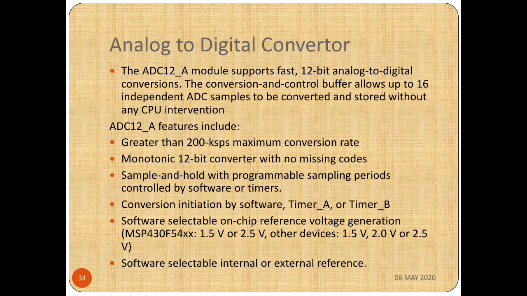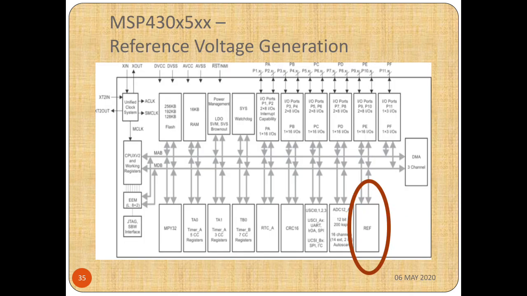The conversion and control buffer holds up to 16 independent ADC samples. The speed of conversion is greater than 200 kilo samples per second, and it has 14 external channels along with the internal channels, totally 16 channels.